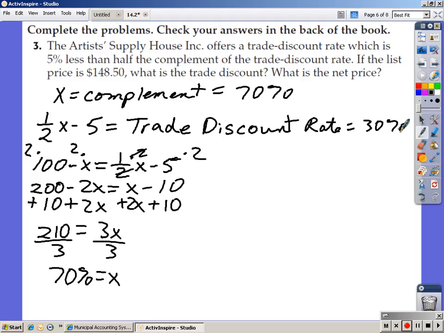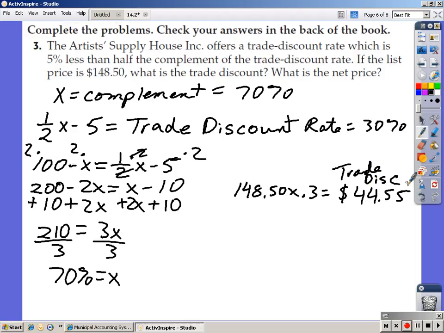List price is $148.50 times, wants to know what is the trade discount. Well, the trade discount is 30%. So 148.50 times 0.3, trade discount is 44.55. All right, that's the trade discount.